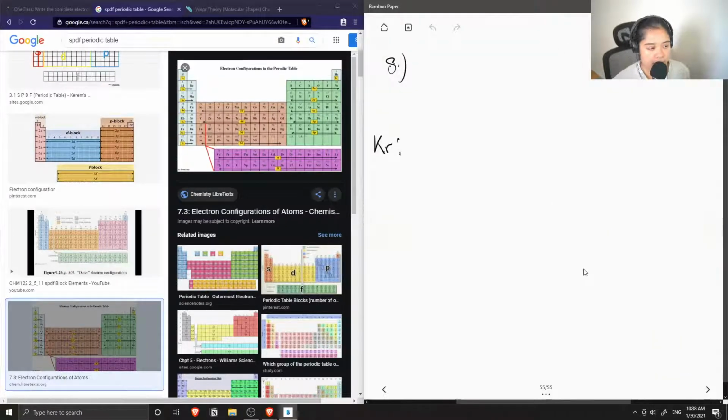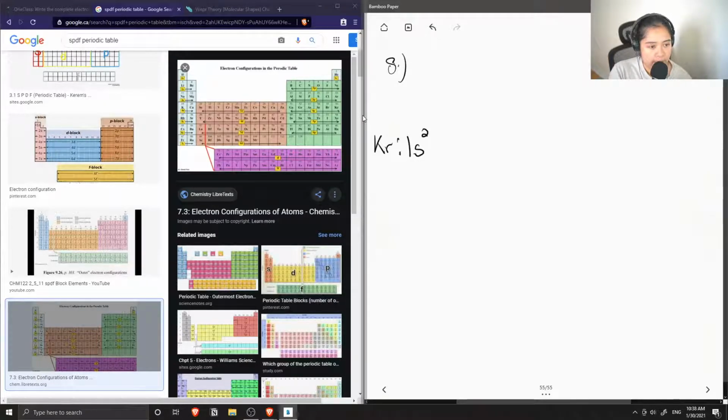So let's look at krypton. Its atomic number is 36, so starting from hydrogen, I write the row number, which is 1, the block letter, which is S, and then to show how many electrons can fit in the 1s orbital, we put the superscript of 2. So a maximum of 2 electrons is able to fit in the s orbital.